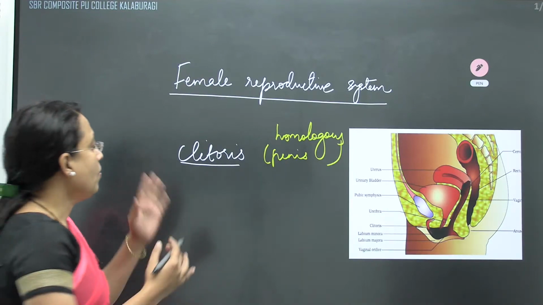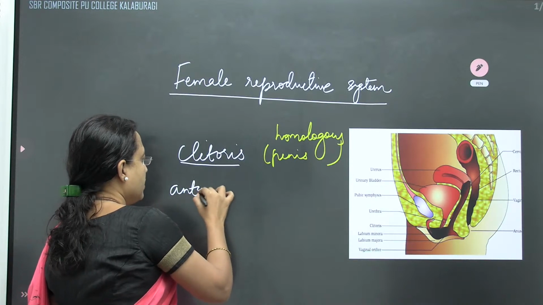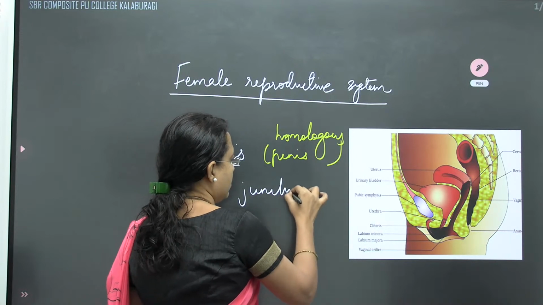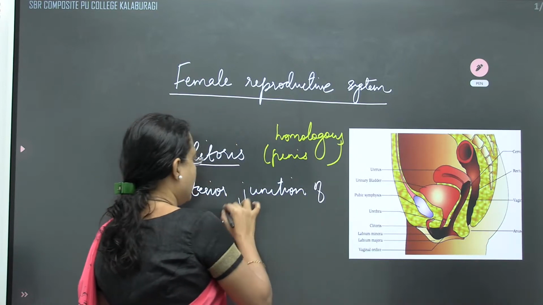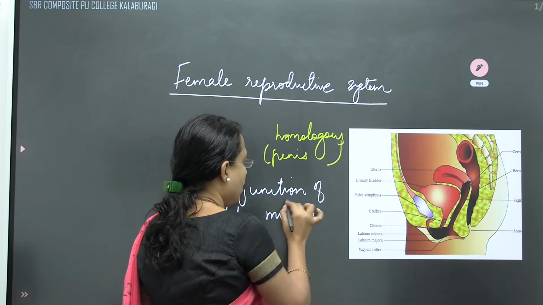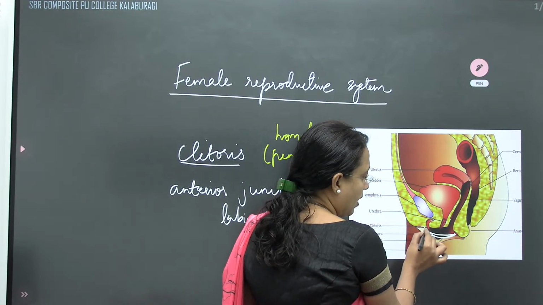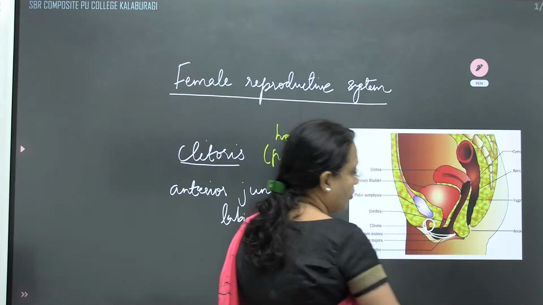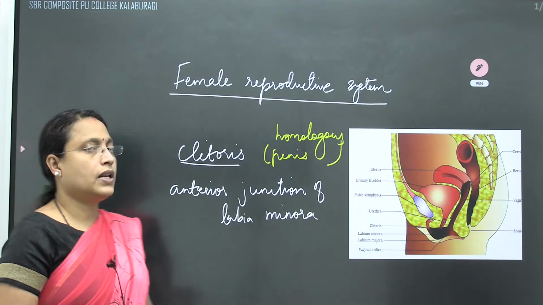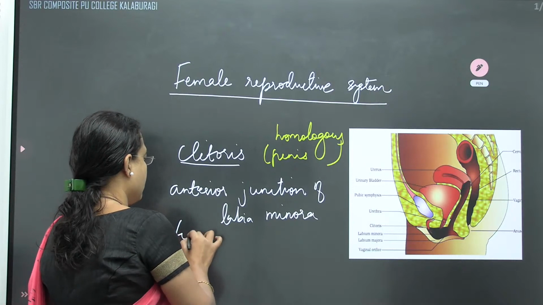So first of all, where is this clitoris located? Anteriorly, at the anterior junction of the labia minora, this finger-like projection is located.